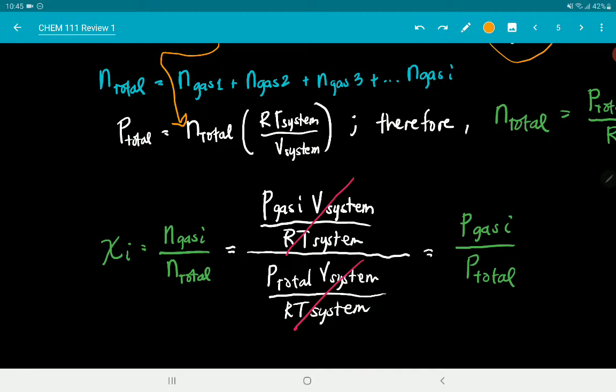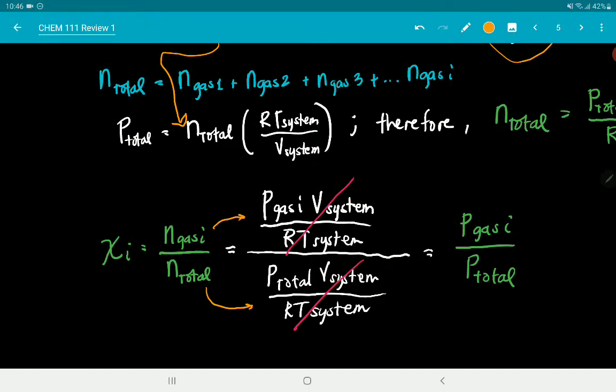Okay? So, how do you get the mole fraction? The mole fraction is the number of moles of a certain gas component I over the total number of moles. So, kung papalitan natin siya ng mga parameters na to based on the ideal gas equation, you'll see that the V over RT system ay magka-cancel.